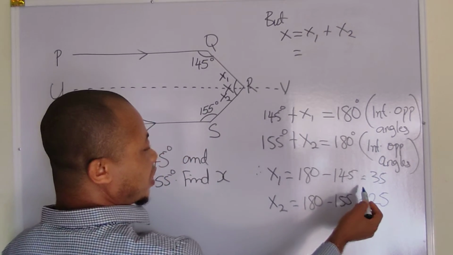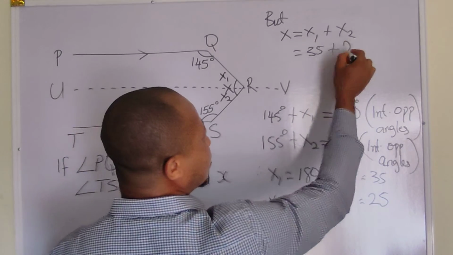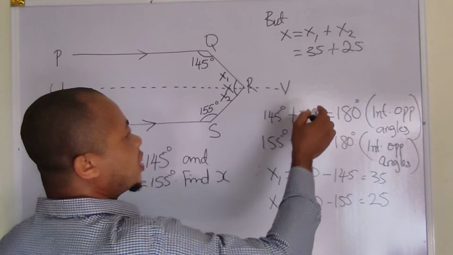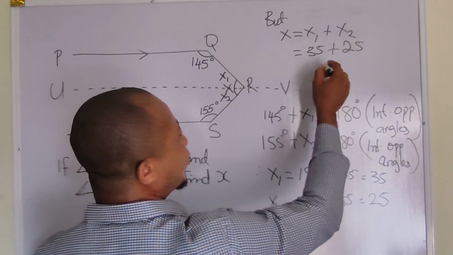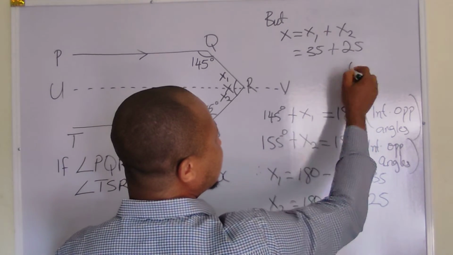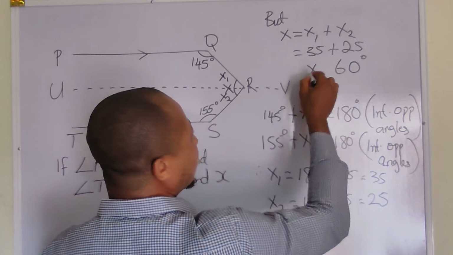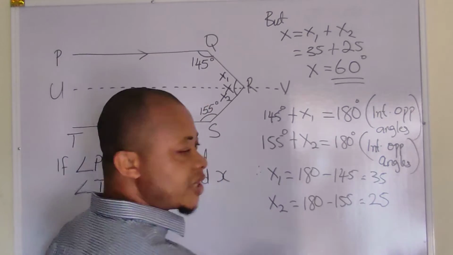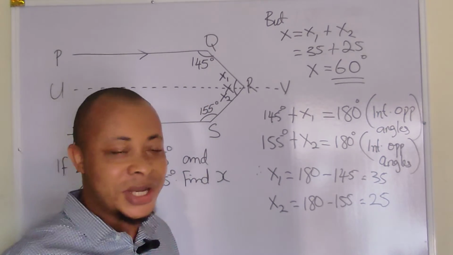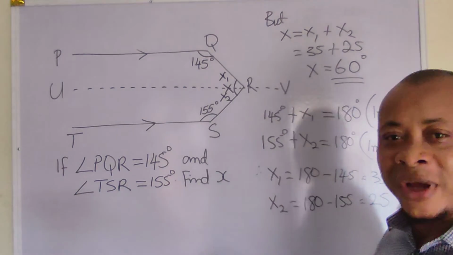Therefore, x1 is 35 plus x2 is 25. So when you add 35 plus 25, 5 plus 5 is 10, carry 1. So you get 60 degrees. Therefore, the value of x equals 60 degrees. So you see how we have successfully solved the value of x.